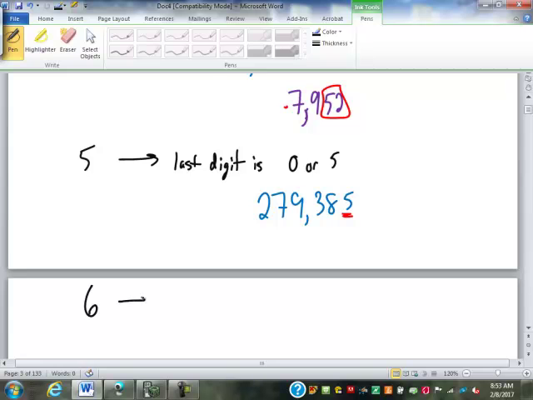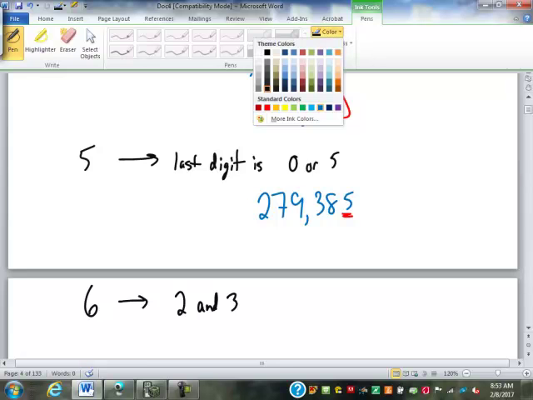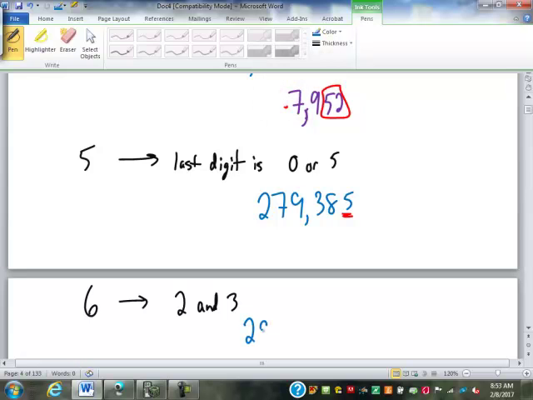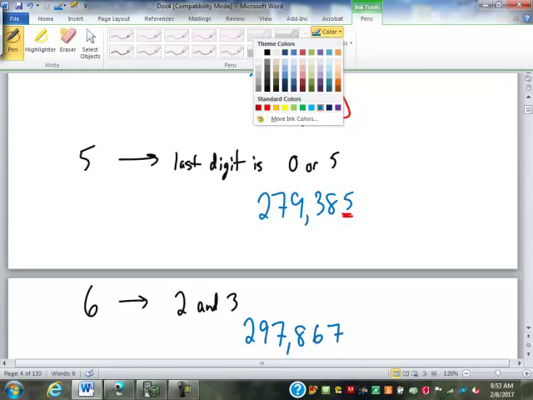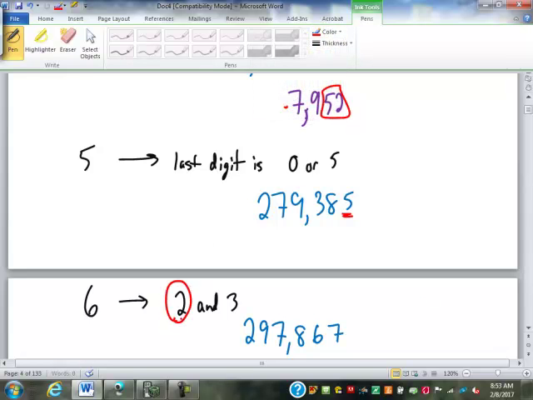6. Divisible by both 2 and 3. Looking at this number here, I have to decide if it's divisible by both 2 and 3. Now, I'm going to give you a little hint. I always look for the 2 first.